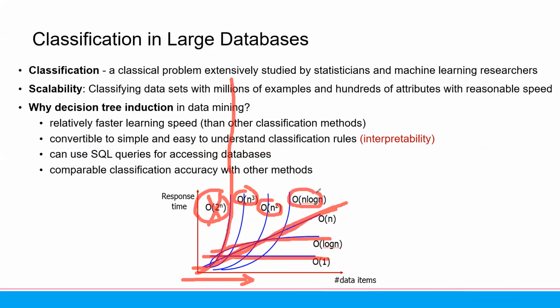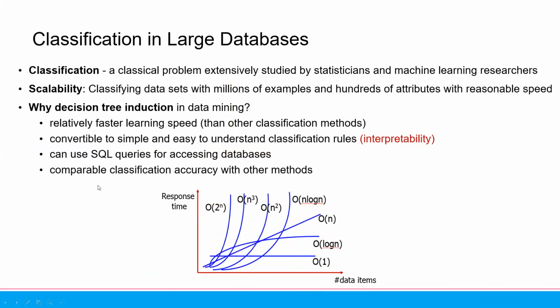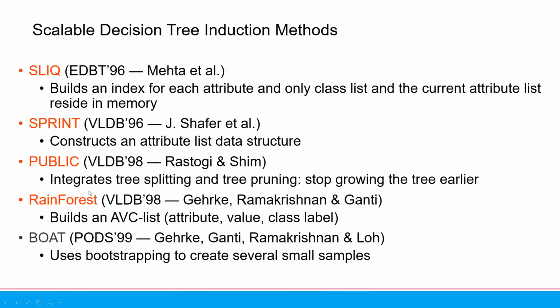This algorithm takes a lot of time to give the response. There are many other scalable decision tree induction methods. If you want to learn, you can check on this. Okay, I will skip this one.